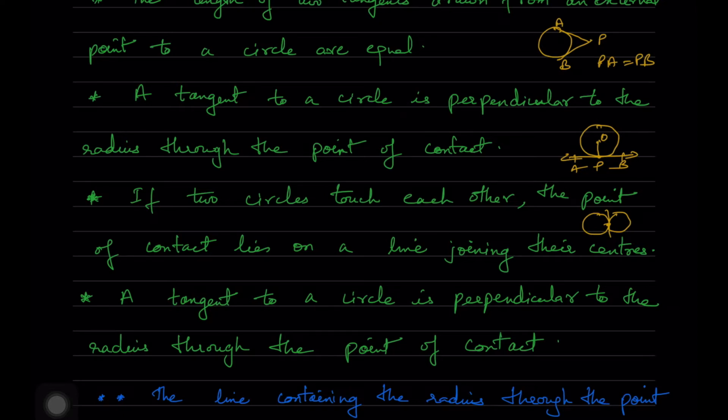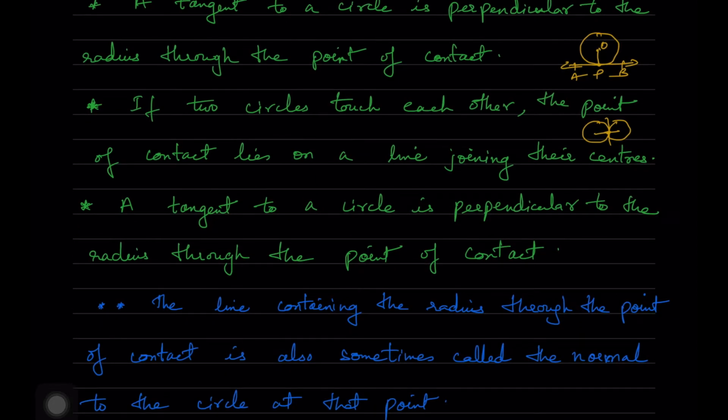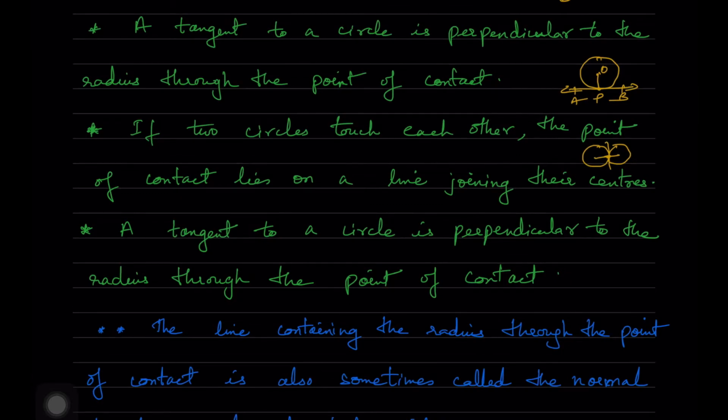Yes, the point of contact lies on the line joining their centers. Now next, a tangent to a circle is perpendicular to the radius through the point of contact. These two statements are the same, aren't they?